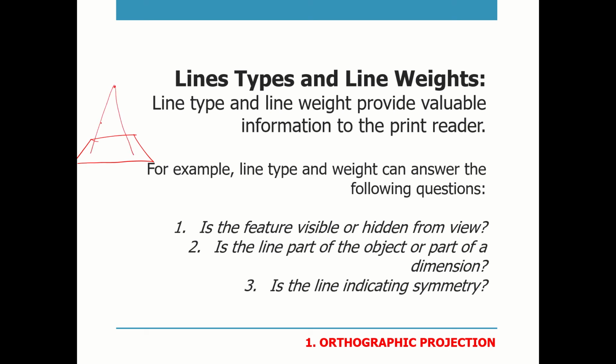Closer objects mean darker lines. Further objects mean thinner lines. The same concept is used here. Dark lines for closer objects and for objects which are in section.